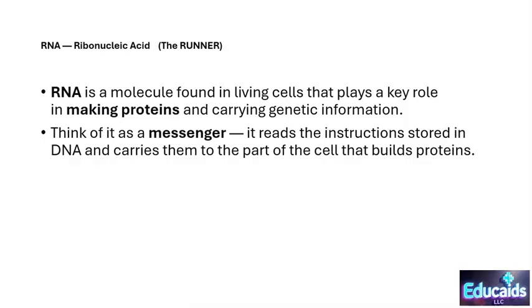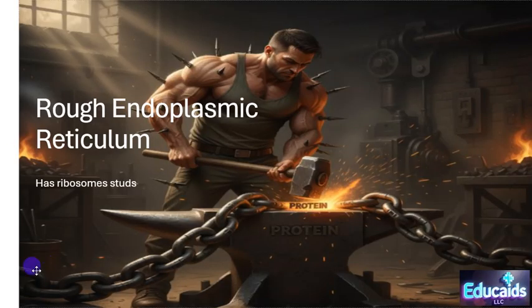It reads instructions stored in the DNA and then carries them to the part of the cell that builds the proteins. And students, do you remember back up here, what is the part that builds the proteins? Your rough endoplasmic reticulum with the ribosome studs makes your protein chains. Come back down here.